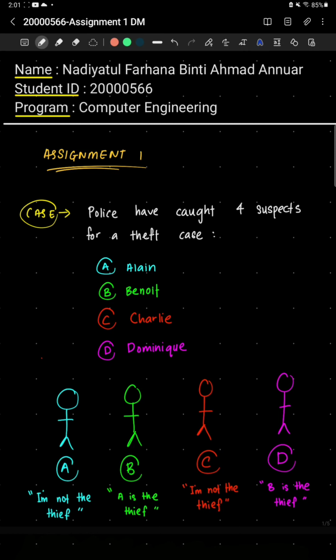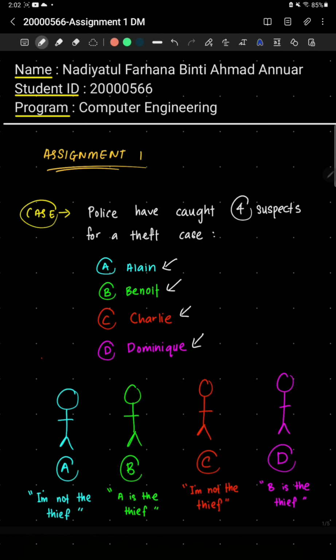Okay, so for assignment 1, the case given is police have caught 4 suspects for a theft case. So we have 4 suspects here: Alain, Benoit, Charlie, and also Dominic.